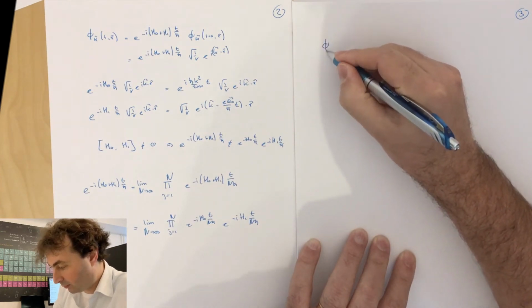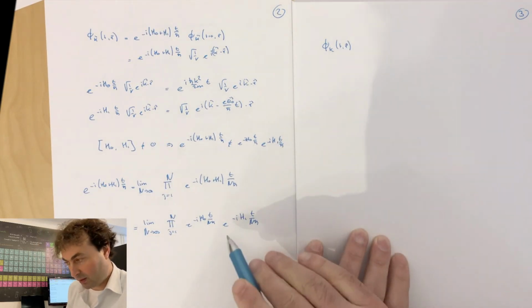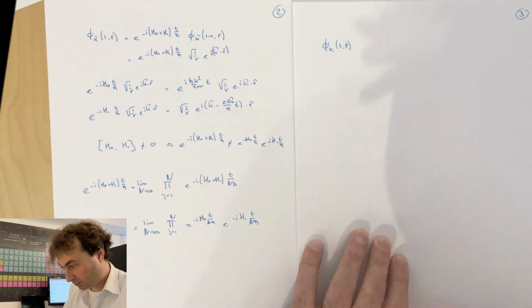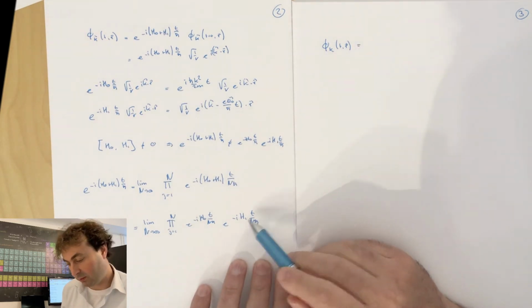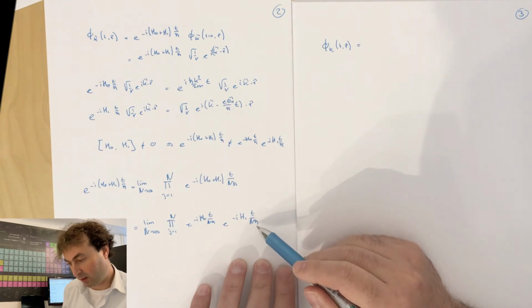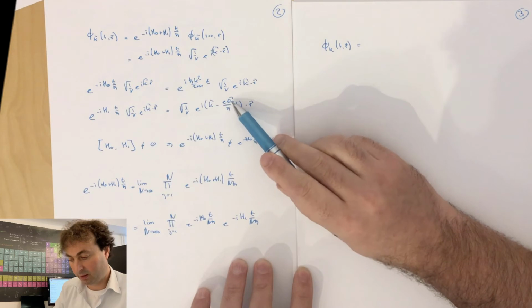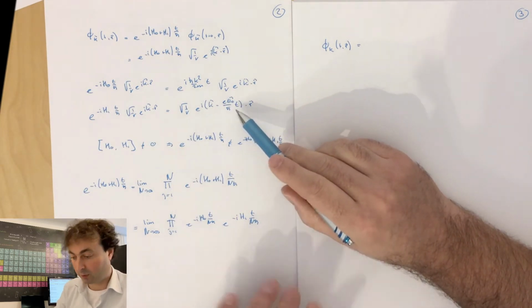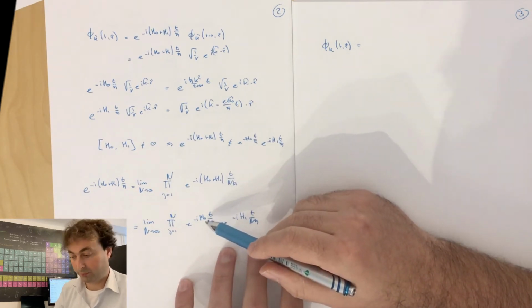Now let's have a look at what this time evolution operator does to my wave function. If I evolve with h1 for a time t over n h bar, I will shift my k vector by e0 h bar t over n. So that's a small shift of your k vector. Then I evolve with h0.